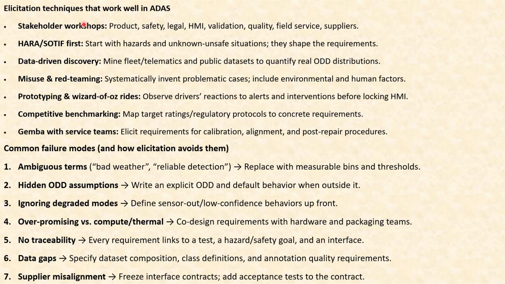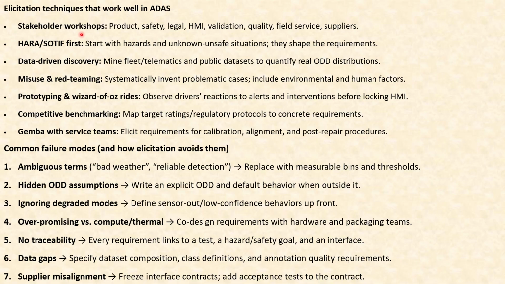Now, when it comes to elicitation techniques, that covers the importance of elicitation. Now we are going to talk about the various types of elicitation techniques that work well in ADAS. First is the stakeholder workshop: product, safety, legal, HMI, validation, quality, field service, suppliers.